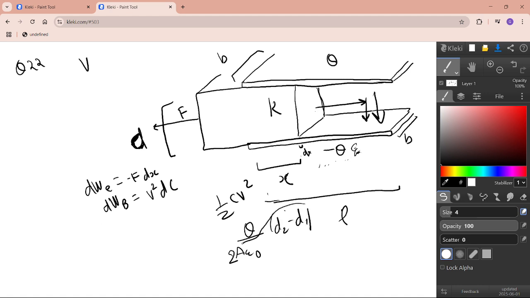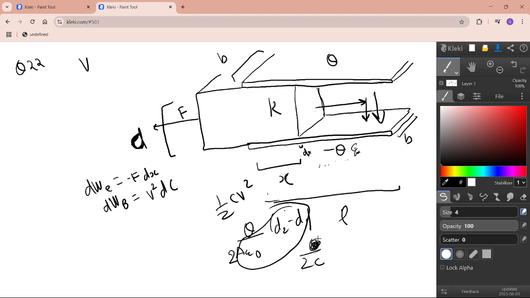And this whole thing is the net electric field. Not this. This is the capacitance, right? One by capacitance, Q by 2C.